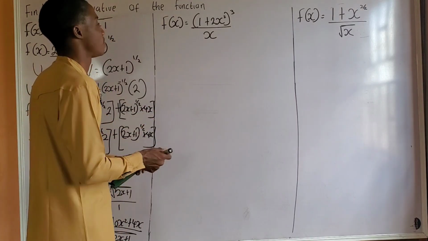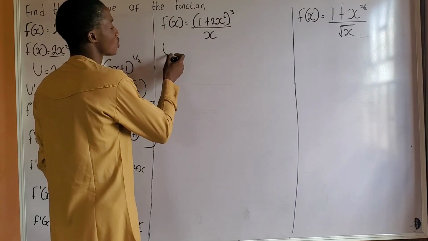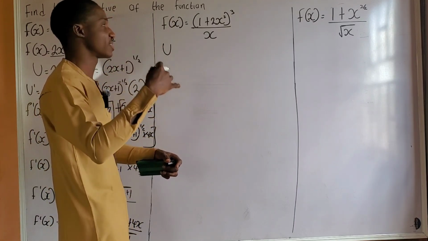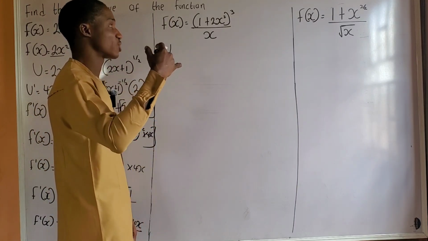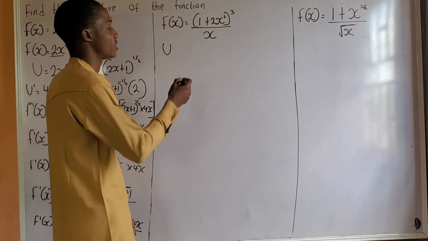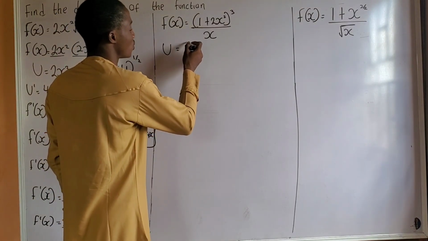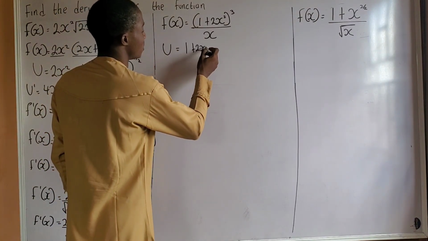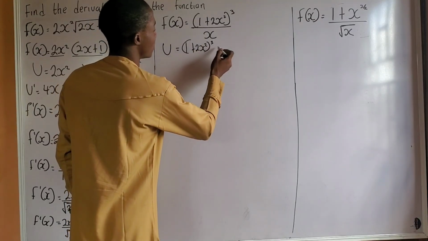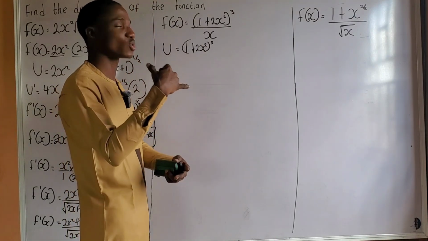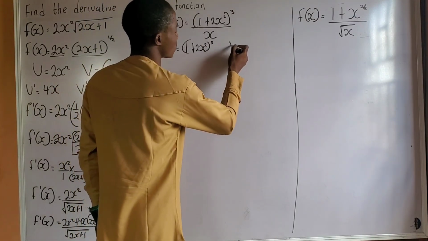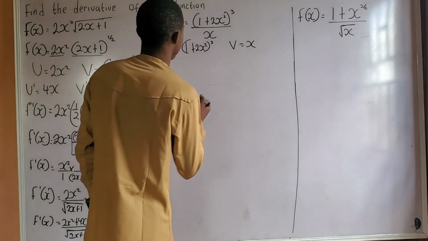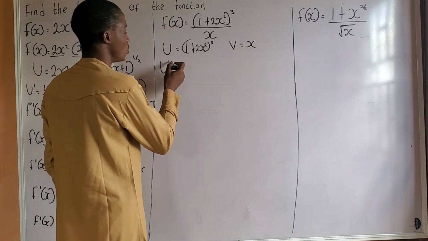Okay, now set u equals to the function at the top. Are you getting it? The function that is at the top, the numerator, set u equals to it. I'm going to have u equals 1 plus 2x squared raised to the power of 3, okay? Then the function at the denominator, let it be equals to v. So I'm going to have v equals x, okay? Now, differentiate u using chain rule.